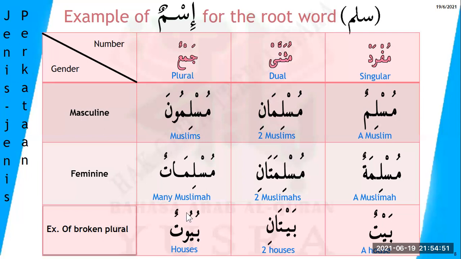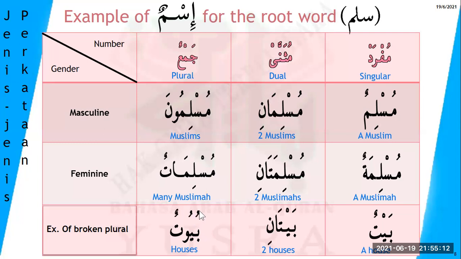But there's a third form where, for example, baitun, the dual is the same, baitani, but when it comes to plural, it doesn't follow the format, it's just buyut. So you can only know it by vocabulary. I mean, you have to remember it.